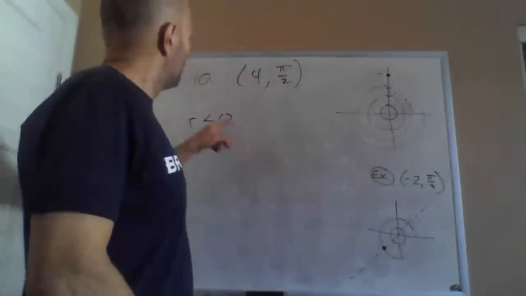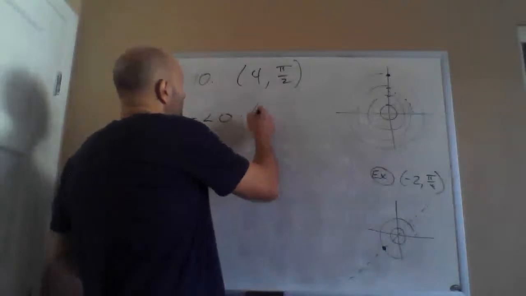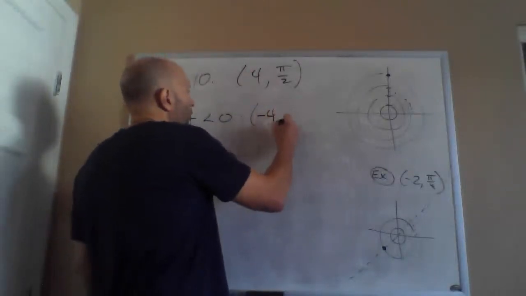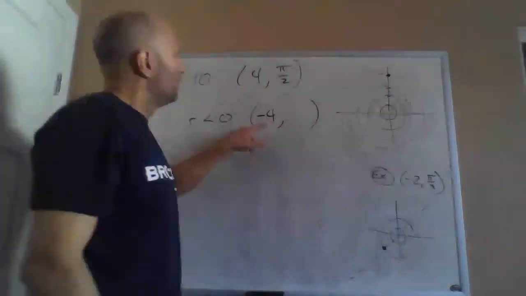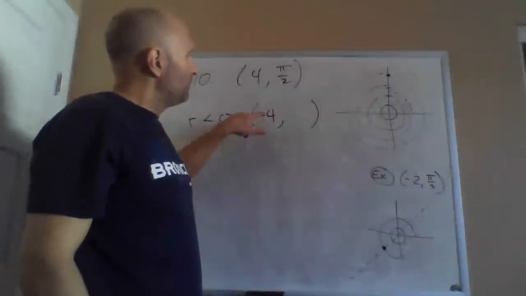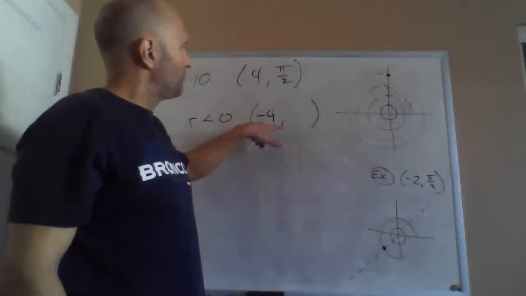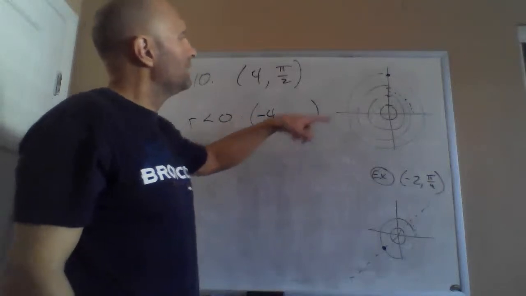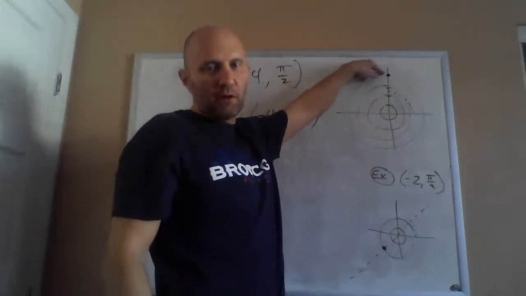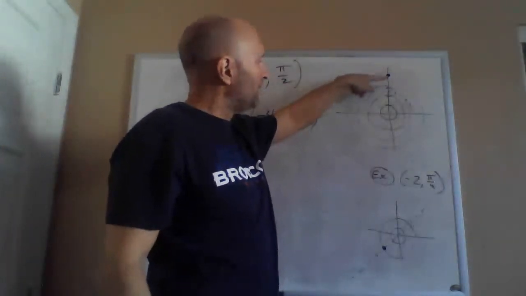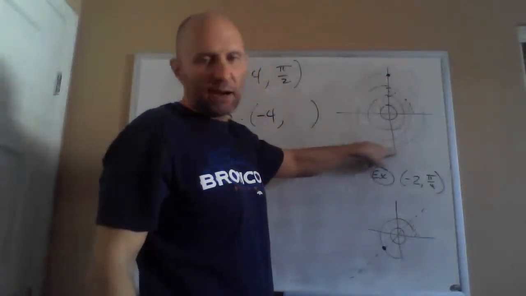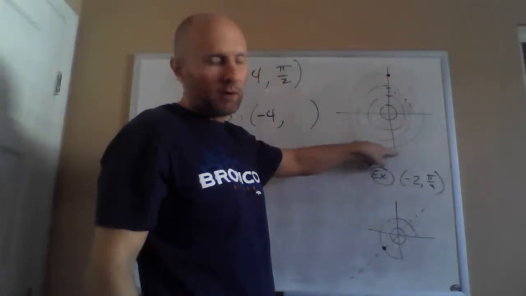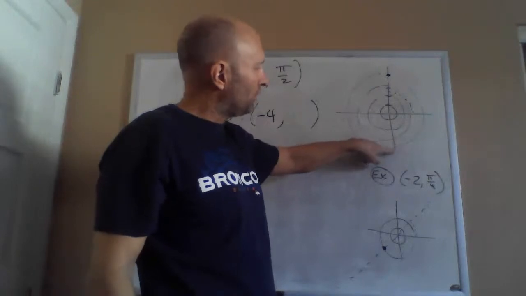Okay, so for this one, if my r is negative, it's going to be negative 4. But what's my value of theta such that when I go negative 4, it puts me up here? Well, negative 4 means that my theta has to put me down here at the bottom of the graph. So what is this point?